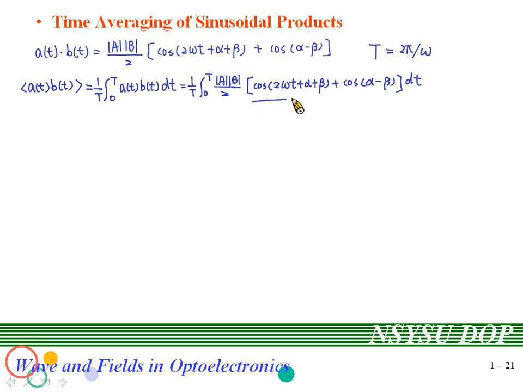For the first one, it is a cosine function with the angular frequency of 2 omega. And we can plot this function here. This is the time domain from 0 to T. The cosine function can be plotted as this one. And clearly you can see that the area in the positive region is equal to the area in the negative region. As a result, the integral of this item is 0.